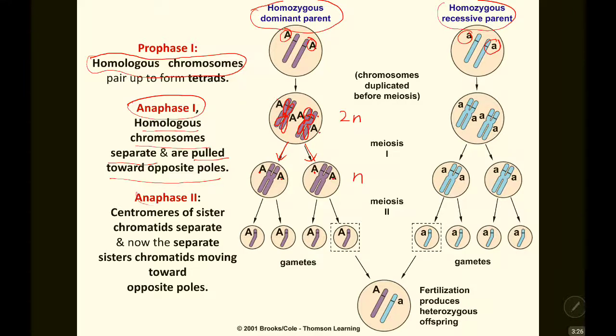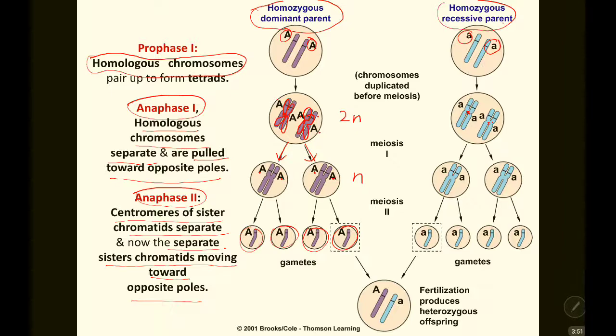So during anaphase 2, the centromere of the sister chromatids separates and the sister chromatids move to opposite poles. So now you have big A, big A, big A, big A. Same goes for the homozygous recessive parent. During prophase 1, homologous chromosomes pair up to form tetrads.